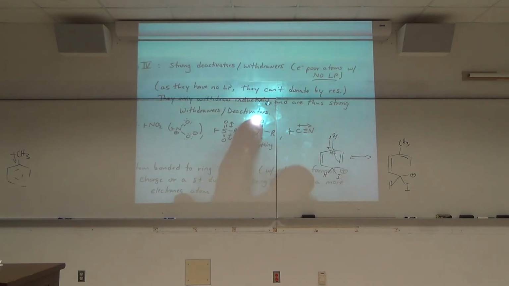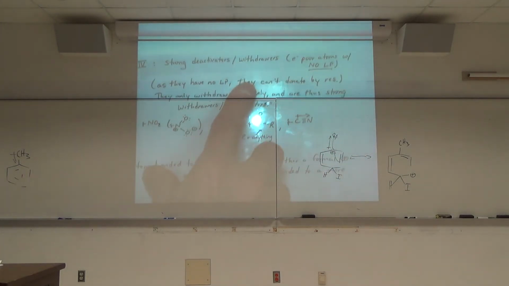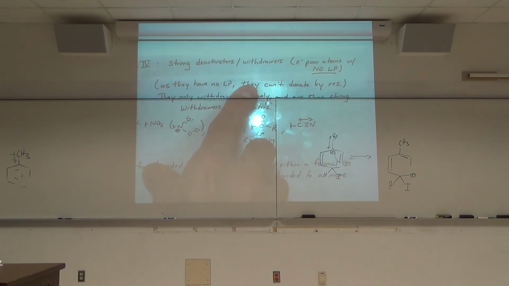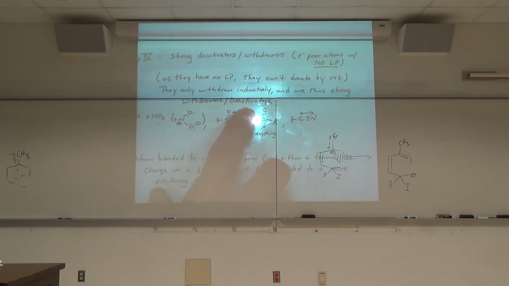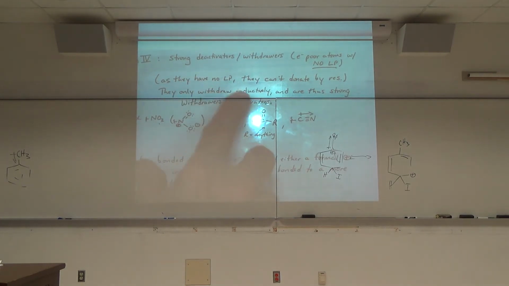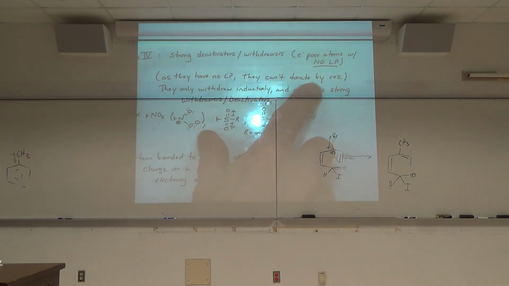The fourth group is your strong deactivators. This is going to be when the ring is bonded to electron poor atoms that have no lone pair. As they have no lone pair, they can't donate by resonance.